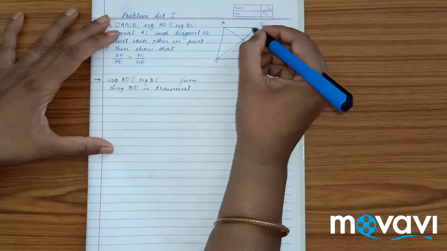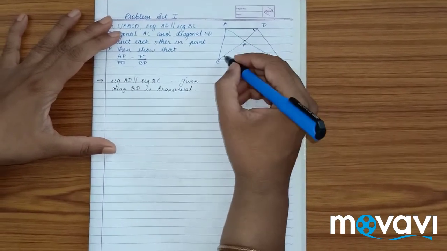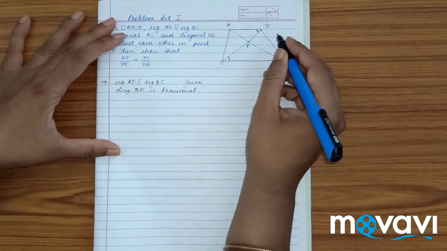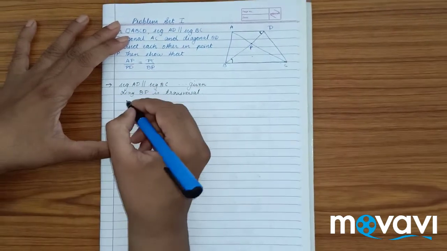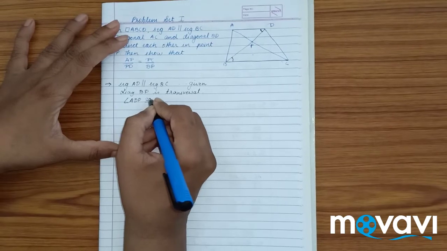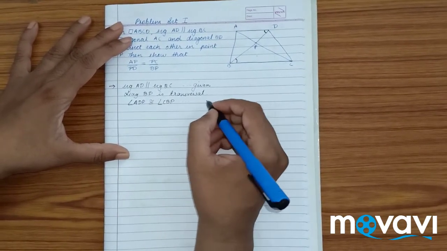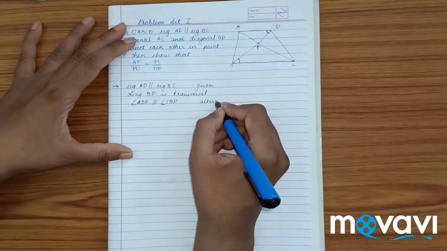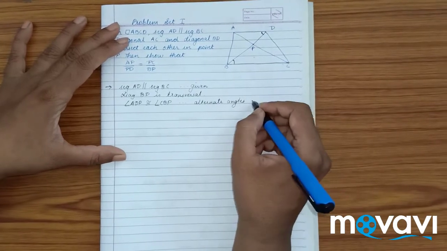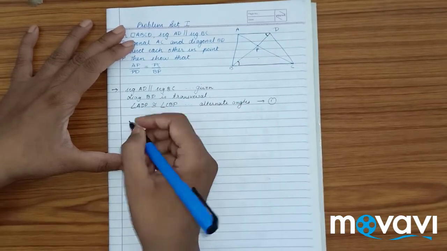Now what do we see here is this angle, that is angle ADP, and angle PBC. They are alternate angles, right? So let us write down that angle ADP is congruent to angle CBP. Why? Because they form a pair of alternate angles. Therefore, they are congruent. Let this be your step 1. We are going to make use of it. Now, we are going to consider our two triangles.